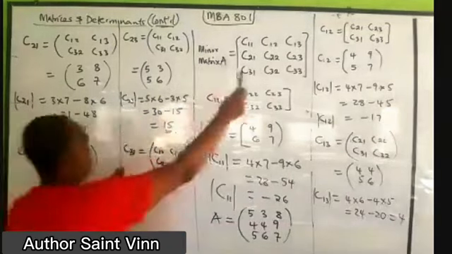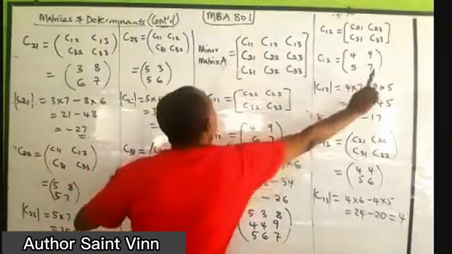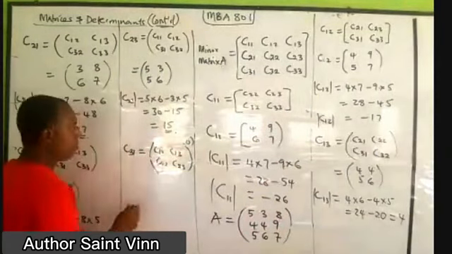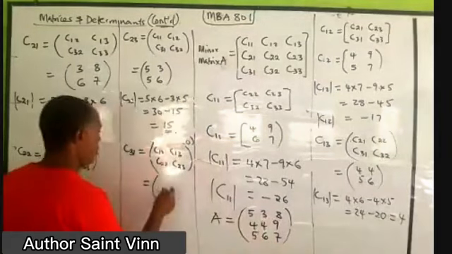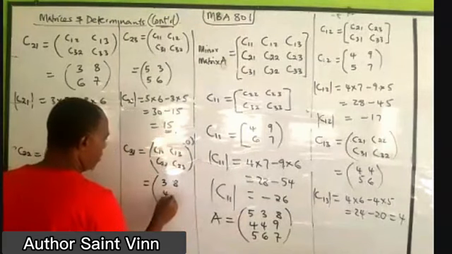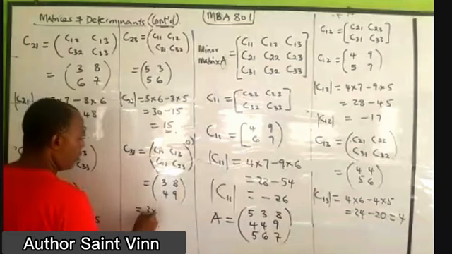We move this to this one. From the table, this is 1 2, 3 8, 4 9. That's all. It's just to remember what we have put on the board.